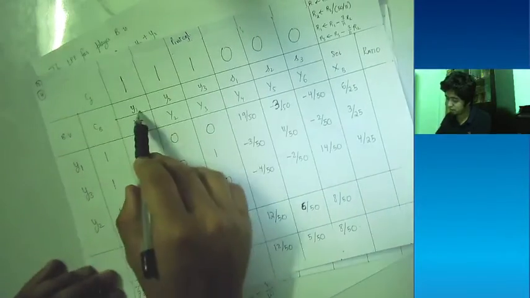Okay, and over here now what will happen is in the next table, y3 will replace s2. y3 will replace s2, so you will be getting y1, y3, y2. Okay, so that is how we are going to get it. And if you notice over here, y1 has a value 1, y2 1, y3 1.